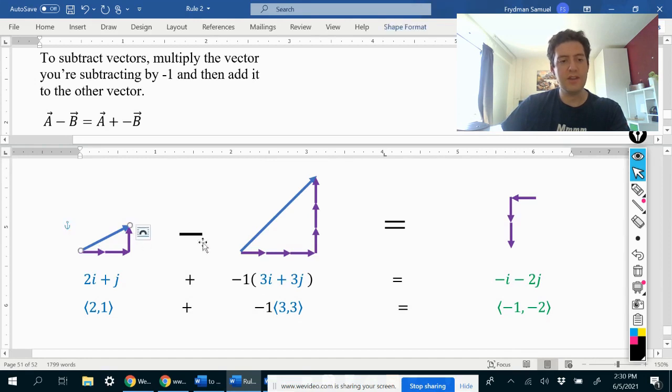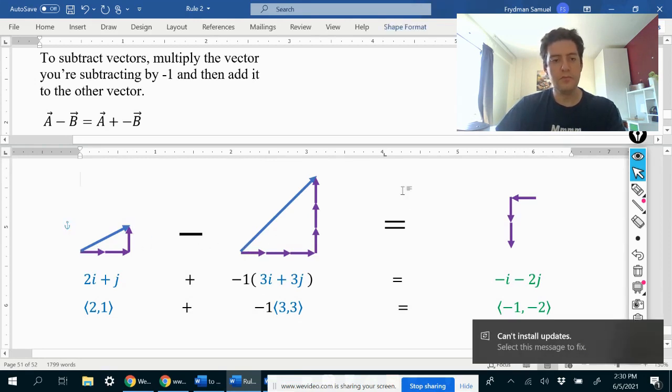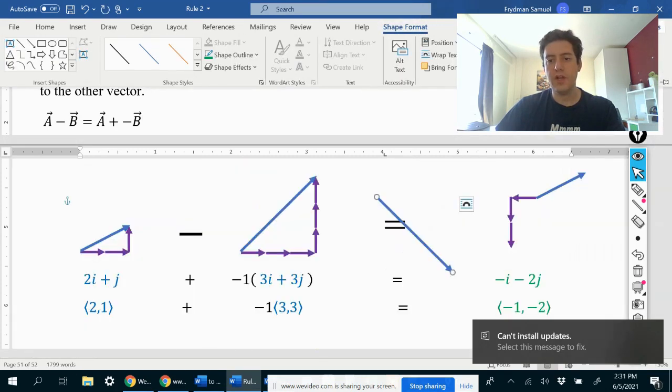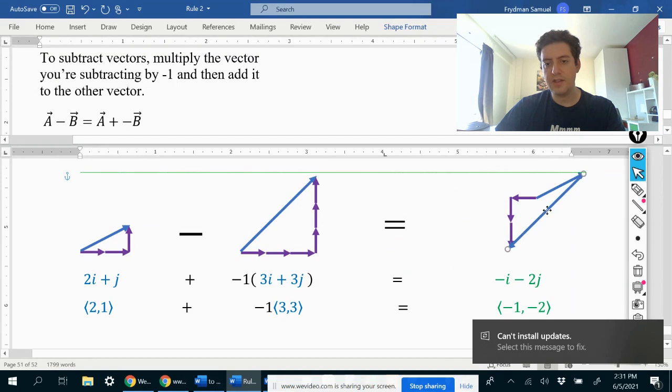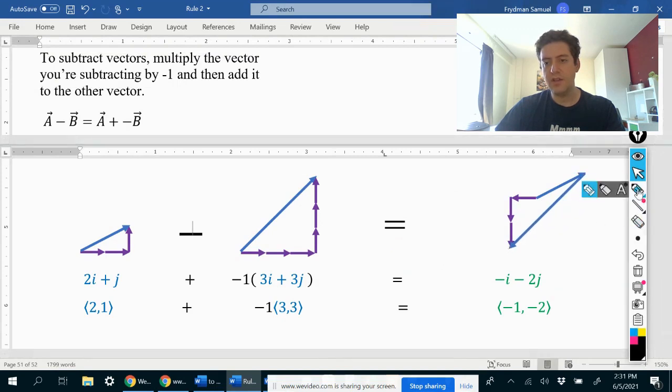And let's just see that what we just did follows what we said before, where if I want to do a minus b, then I'm taking a, and before I add b to it, I would change the direction that b is pointing in, then connect it head to tail. Okay, and you can see that the sum vector over here would have components -i minus 2j. Okay? All right.